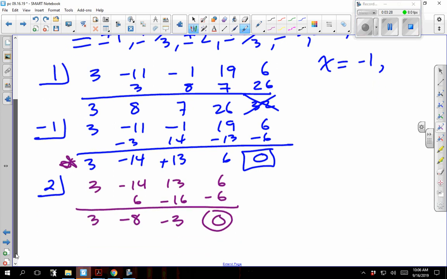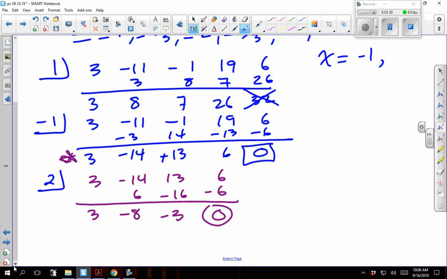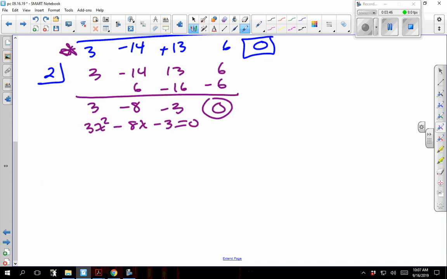That's exactly what I needed, right? Okay, so what I've done now, x is 2, and I've got myself now 3x squared minus 8x minus 3 equals 0. And since we're experts at quadratics, let's go ahead and see if we can factor.